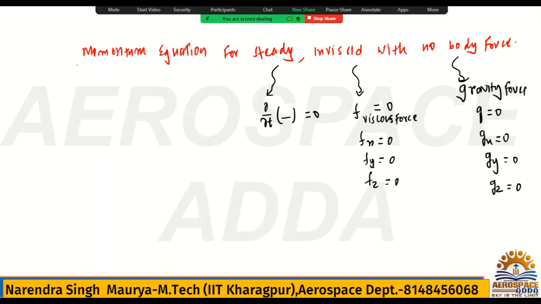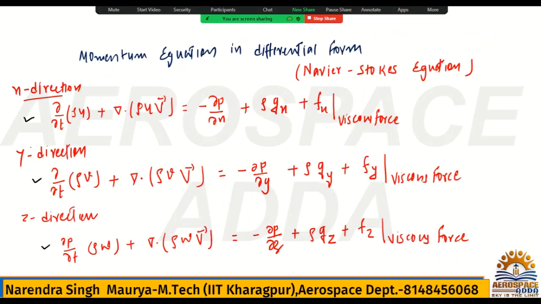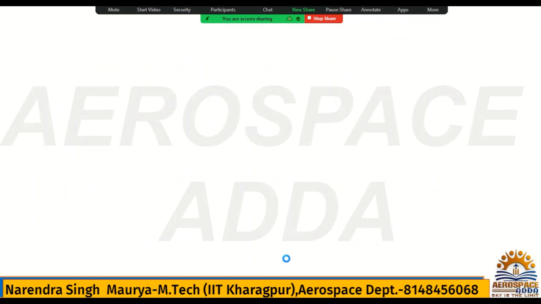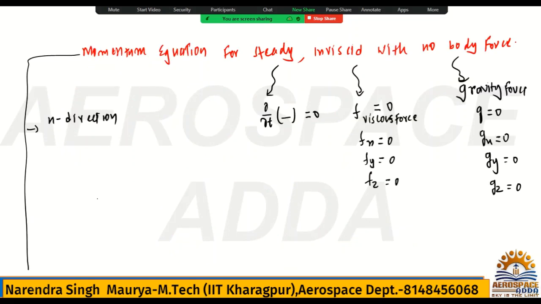So if you write the same momentum equation here, for the x direction, what will you have? Check what components are left now. Only this component and this component. Yes or no? Similarly, here this component and this component, and here this component and this component. All right. So now you can write your momentum equation.